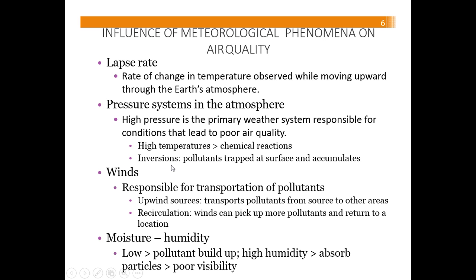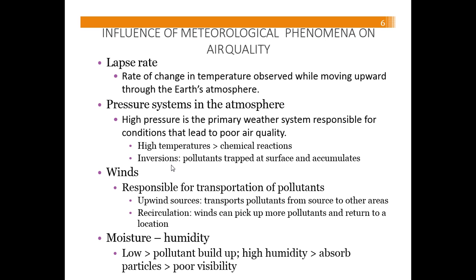Also, where you have temperature inversions. A temperature inversion occurs where you would have a layer of cooler air that is trapped near the ground, and above that you would have a layer of warm air. It's called an inversion because remember, this is not normal. Normally as the air rises, it cools, so cooler temperatures should be in the higher levels of the atmosphere.